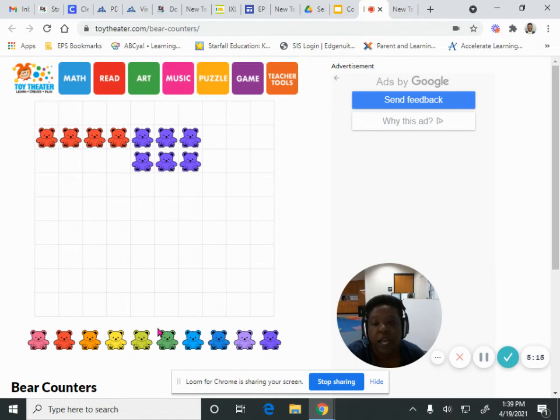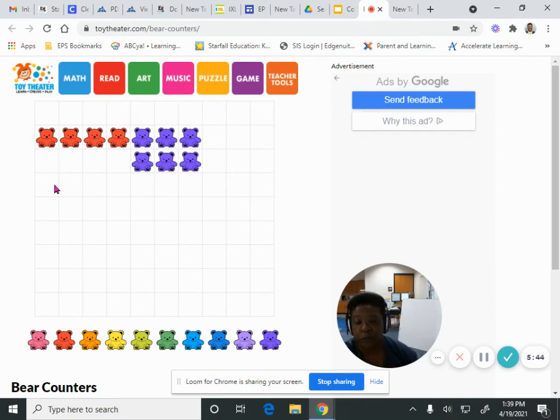So, how many feet or legs do we have in all? What strategies could we use to figure it out? We could count them all. That's right. What else could we do? We could count by twos. That's right. Anything else you could think of? You could draw little tally marks or circles. Yeah.